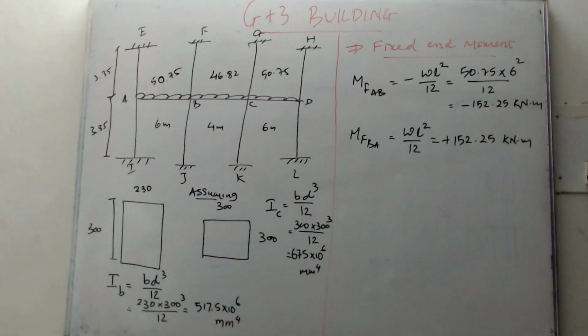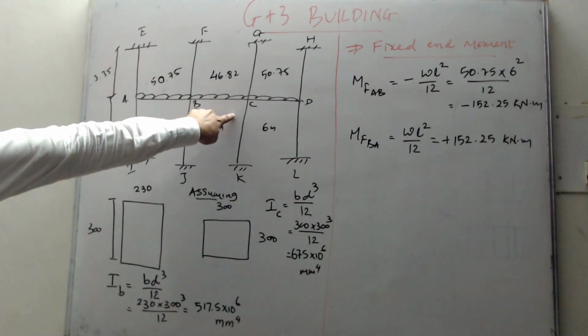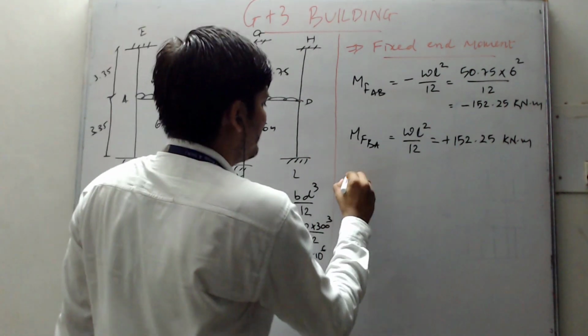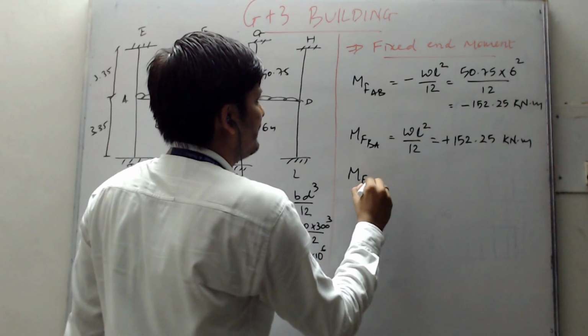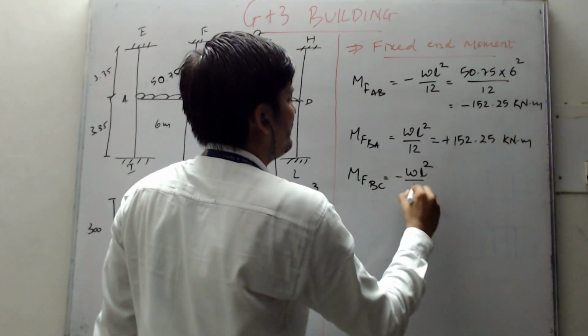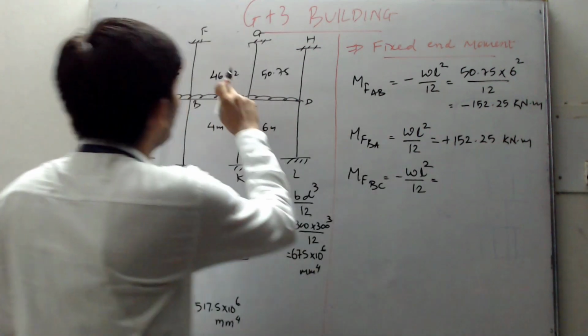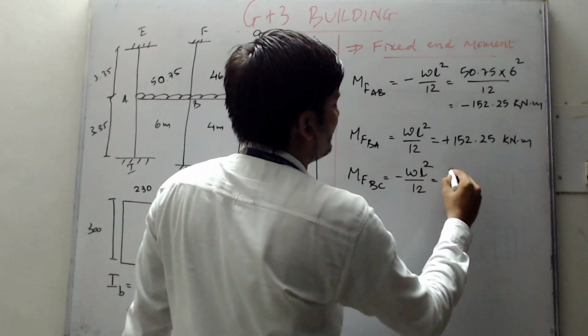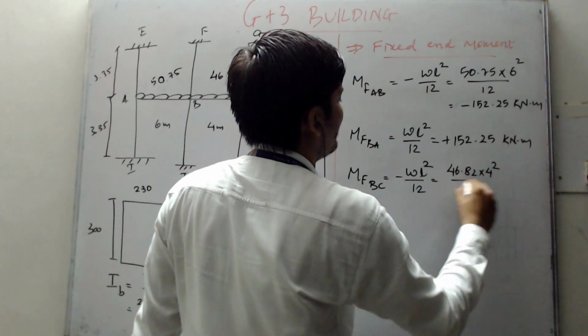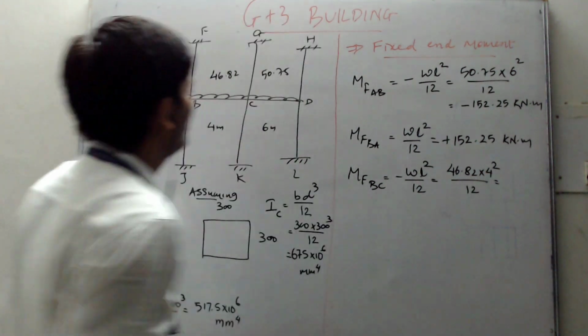Same way we need to find out the value of BC. So MFBC is again negative. MFBC is minus WL square by 12. So here W is 46.82. So 46.82 multiplied by 4 square divided by 12, because length is 4 meter for this beam.